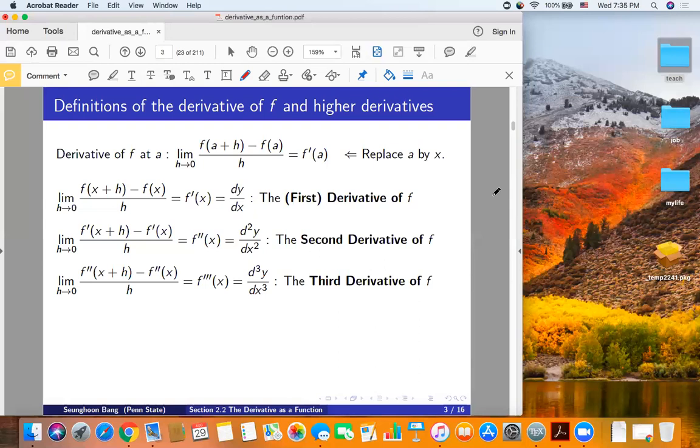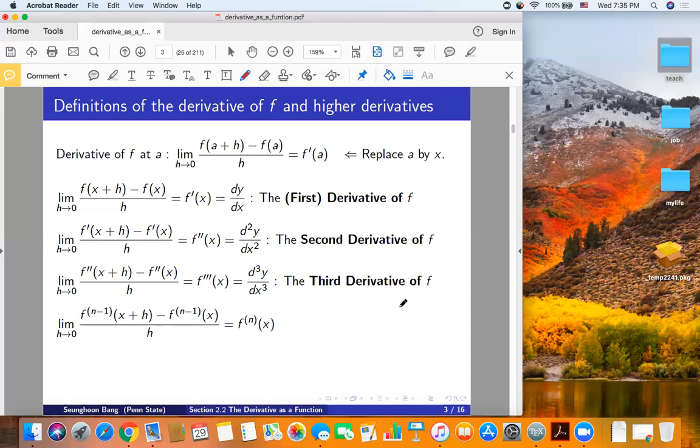What about the nth derivative? We can use this notation. The limit of the n minus first derivative of f at x plus h minus the n minus first derivative of f at x, over h.